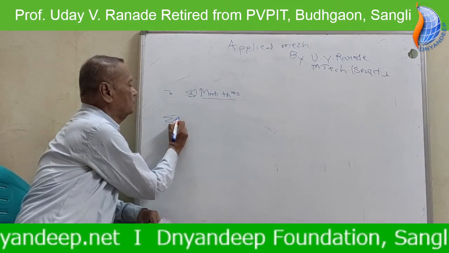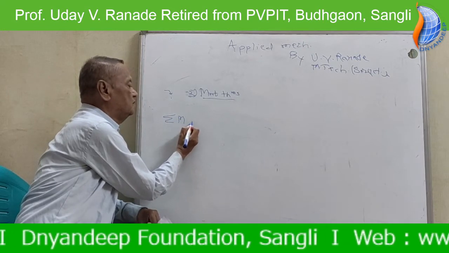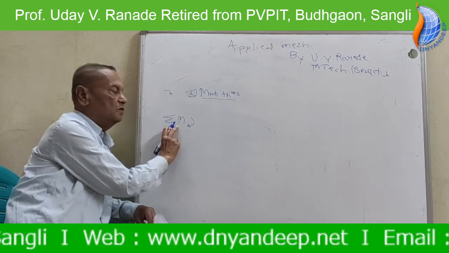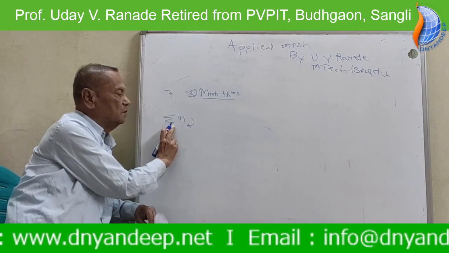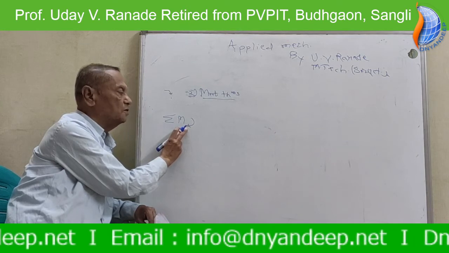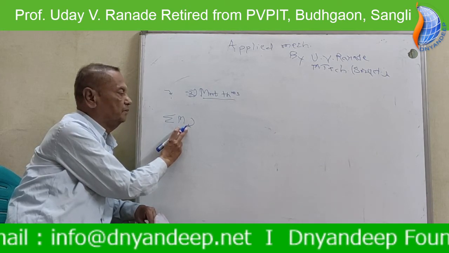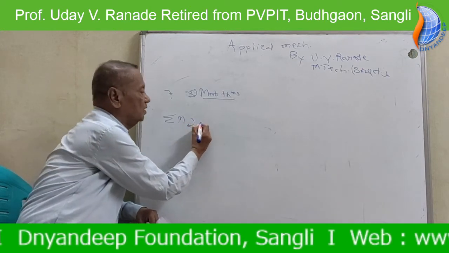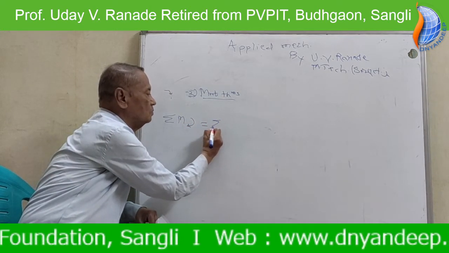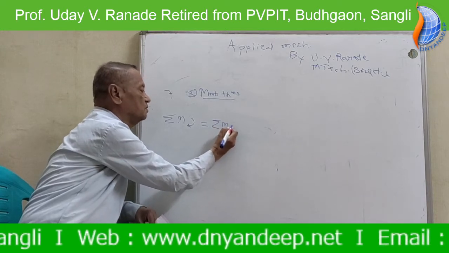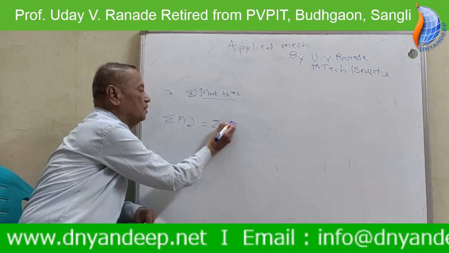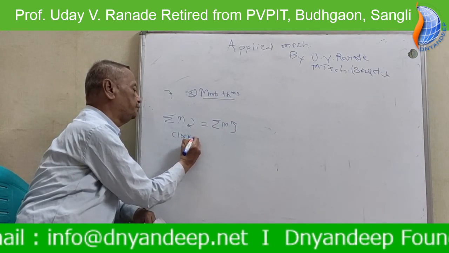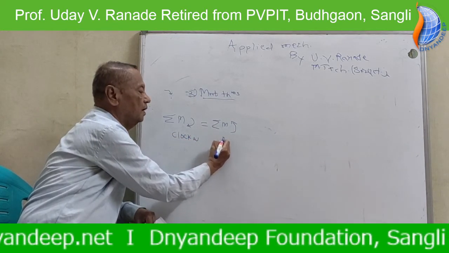Summation of moments of forces, not moment, summation of moments of forces about a point in clockwise direction, according to the theorem, is equal to the summation of moments of all forces in anti-clockwise direction. These moments are clockwise. These moments are anti-clockwise.